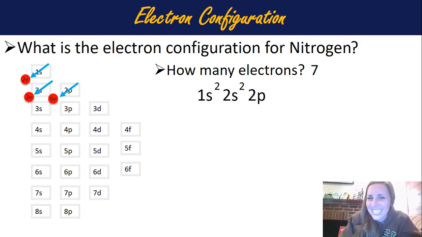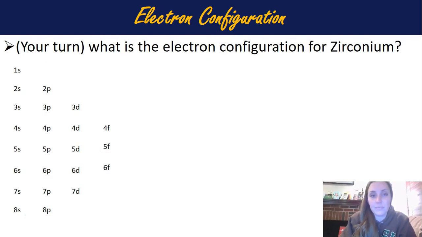But do we have 6 electrons? I only have 3. So you write the 3 up here. You don't have 6 to place because you only have 7 total. 2 plus 2 plus 6 would have given you 10. It's 2 plus 2 plus 3 that gives you your total number of 7 electrons. So 1s2, 2s2, 2p3 is the electron configuration for nitrogen.